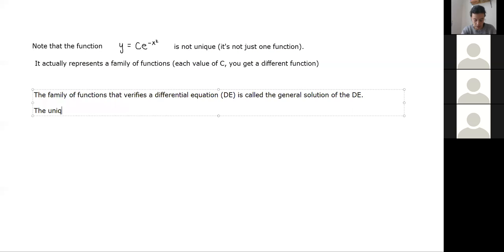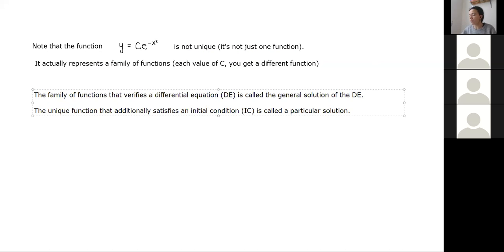So the unique function that additionally satisfies an initial condition, IC, is called a particular solution.